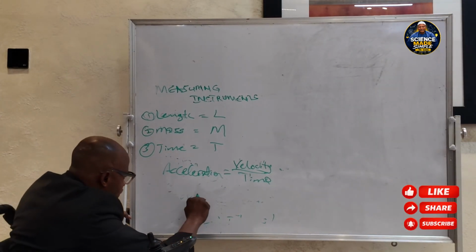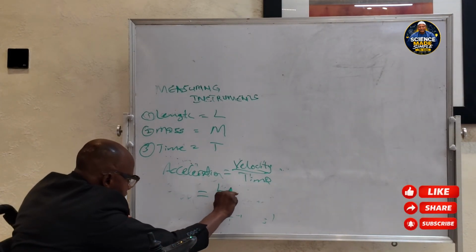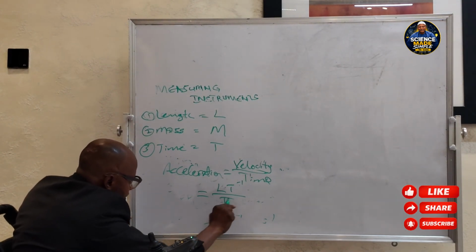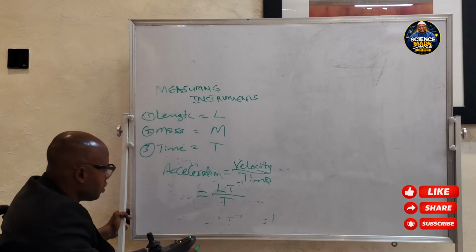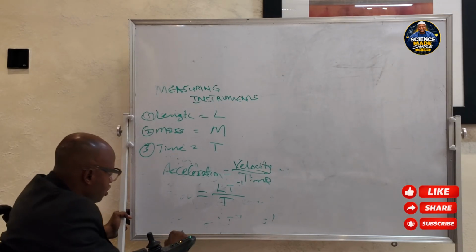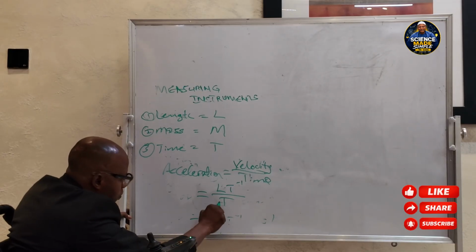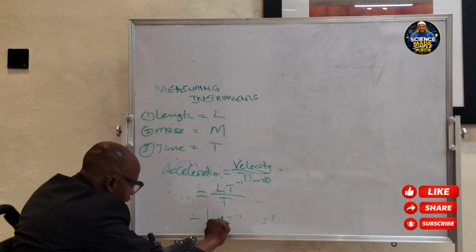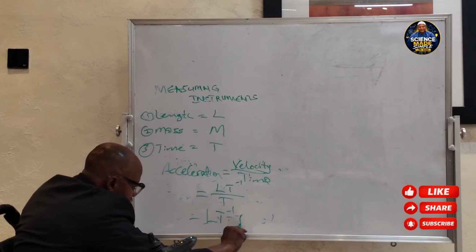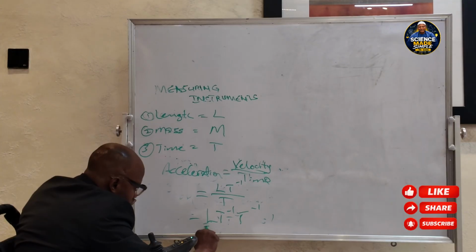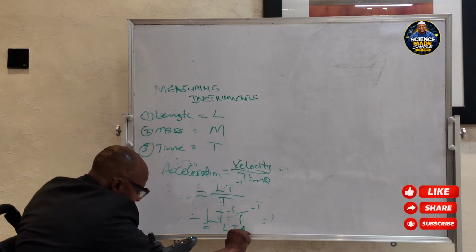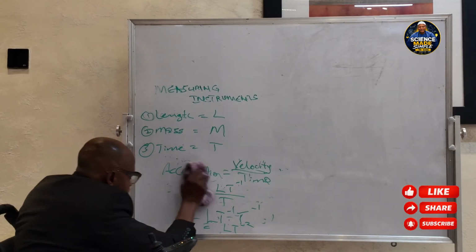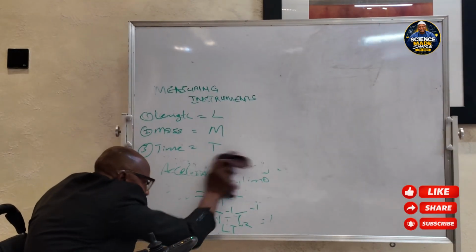Velocity in the last example is LT minus 1. Then time is T. So to get the dimension for acceleration, we bring this T up as we did in the last one. It will be LT minus 1, T minus 1. It's going to be LT minus 2. That is for acceleration.